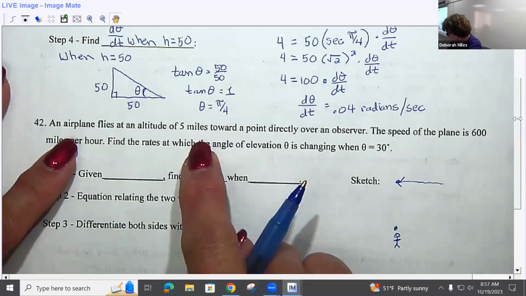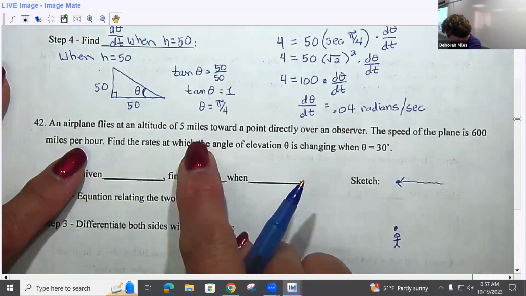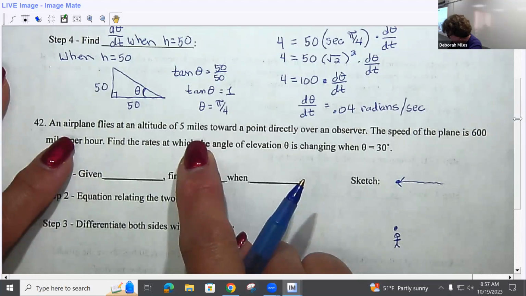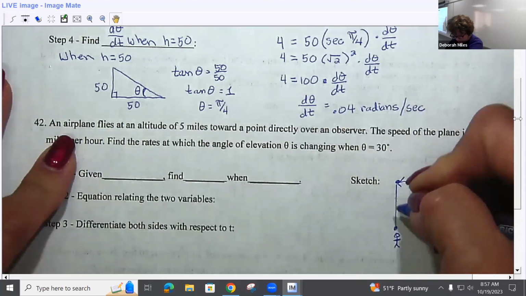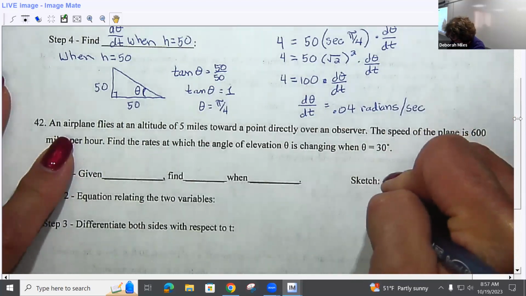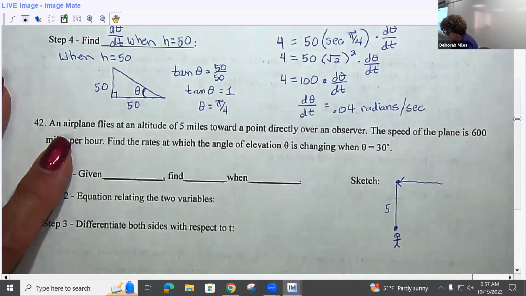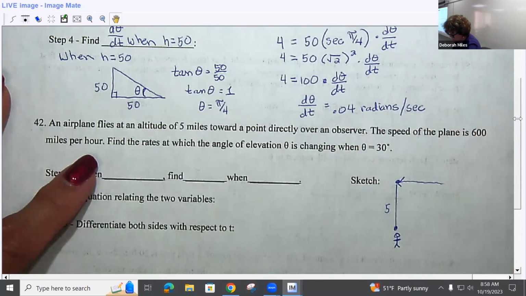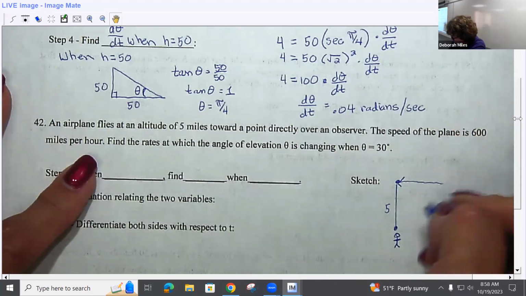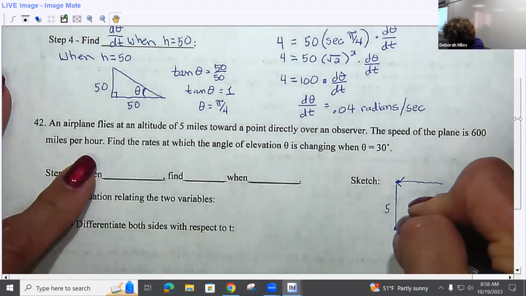Is that a constant or something that's going to be changing? Yes, that plane is maintaining an altitude of 5 miles. The speed of the plane is 600 miles an hour. And this person's going to be looking up at the plane.